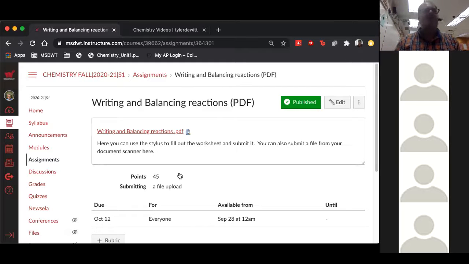Now, this is going to basically take everything that you've done so far and merge it together. So let's share with you the camera, and let's work through one.